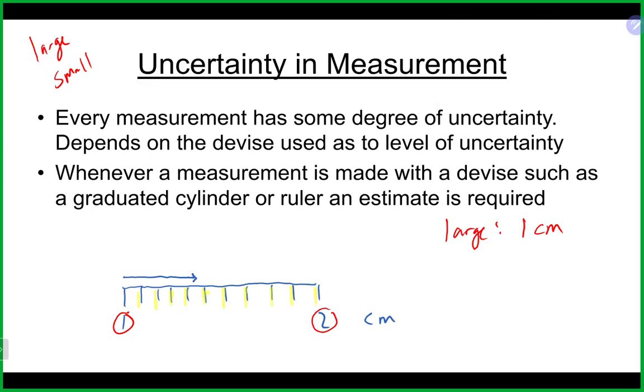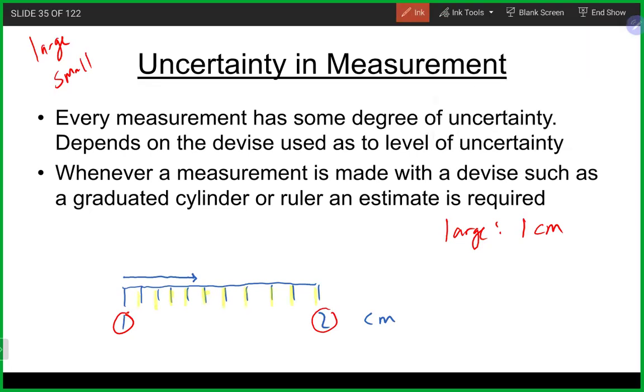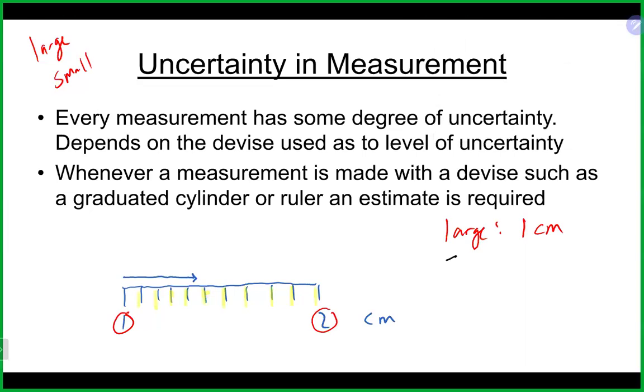So we have 10 markings between the two large markings, and that means each of the smaller markings represents 0.1 centimeters. This first one would be 1.1, 1.2, 1.3, 1.4, 1.5, 1.6, 1.7, 1.8, 1.9, and then 2 centimeters.